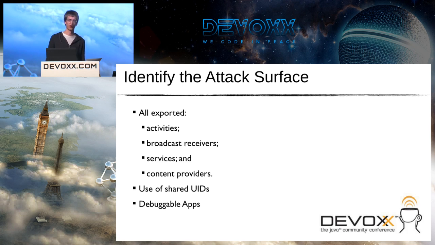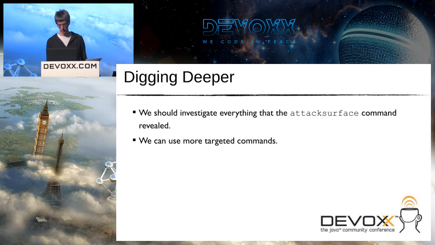If your application is debuggable, you can just stop now. You can also widen the attack surface of your application by using shared user IDs, as we'll cover later. And this isn't an exhaustive list. It depends on your application. If you're using networking, then the network is an attack surface. If you're using NFC, then NFC is an attack surface. But these are common to all Android applications.